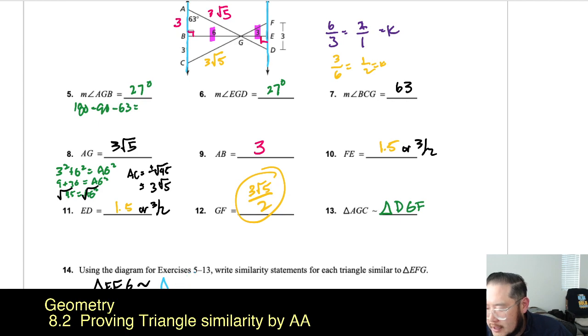I think it's safe to say that it's also similar to triangle BAC and also BCG. All right, so a lot of similarity going on.